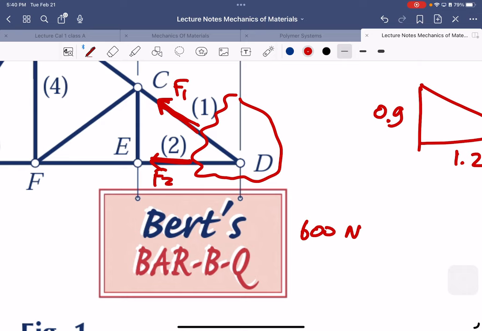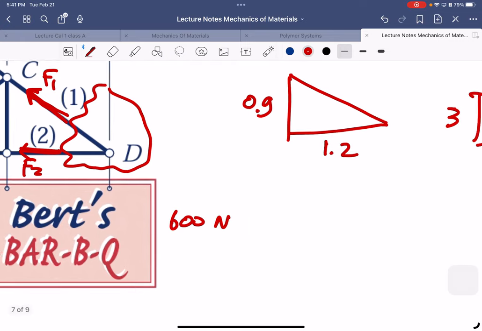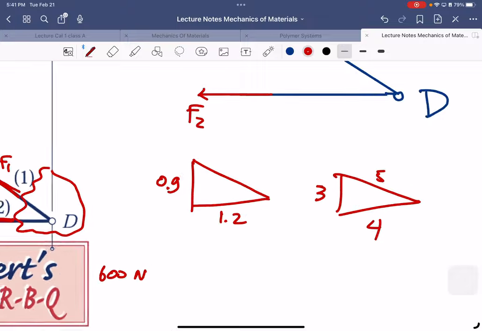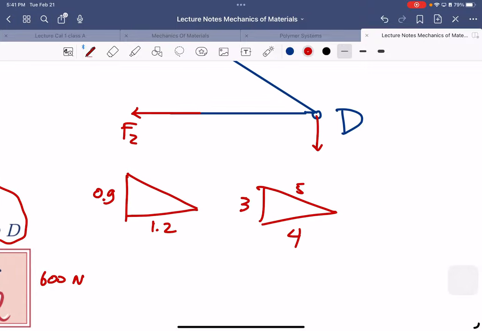Any guess? Just taking Newton's laws, sigma F equals 0, and let's isolate this. If this is 600, the total of course has to be another 600, right? So this is 300, okay? Agree? Okay, don't be nervous. So this is 300 here.